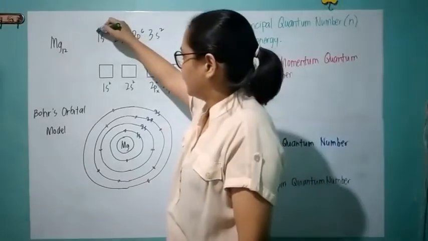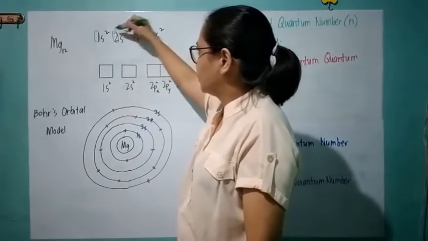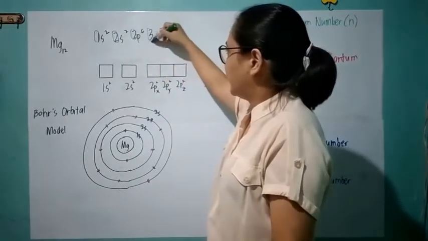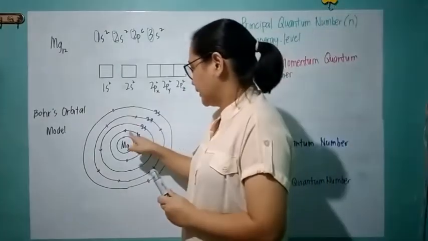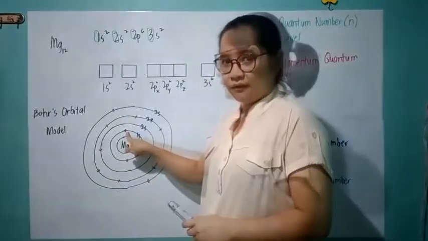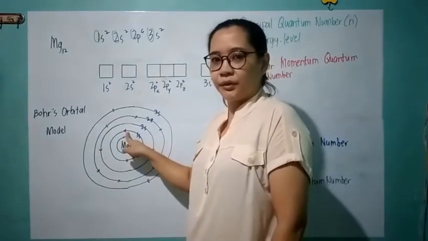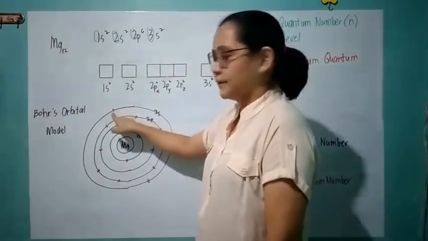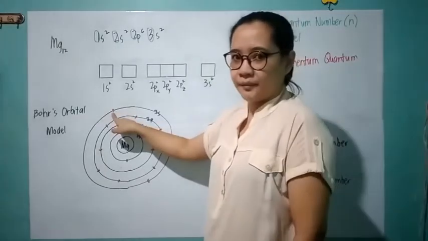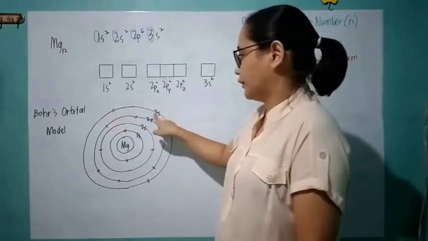These are 1, 2, 3, and so on. For example, this electron describes a principal quantum number of 1. And this electron describes a principal quantum number of 3.